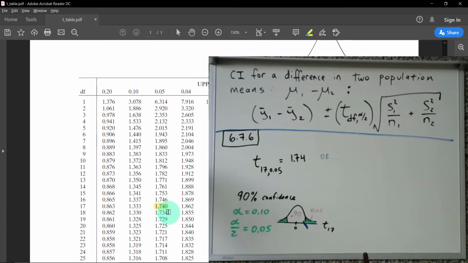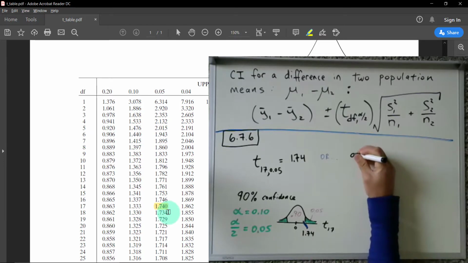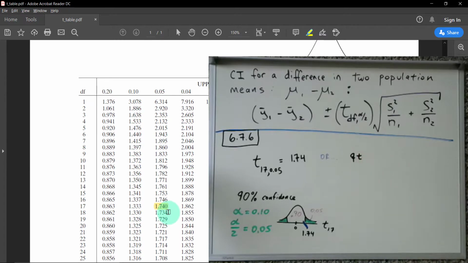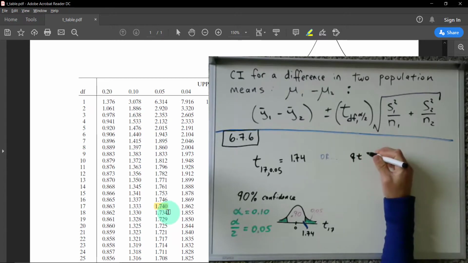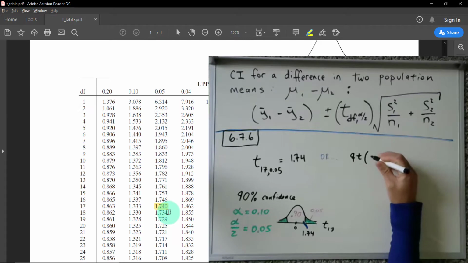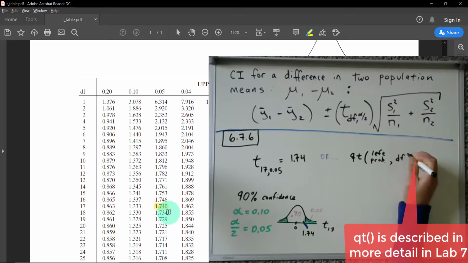We already have a probability that was implied to us, that 0.05. I should label this 1.74. What we were searching for was not a probability, but a t-value, a tick mark here. So we want to use QT. And the input for QT is kind of, I'm going to say, left-sided probability, comma, degrees of freedom.